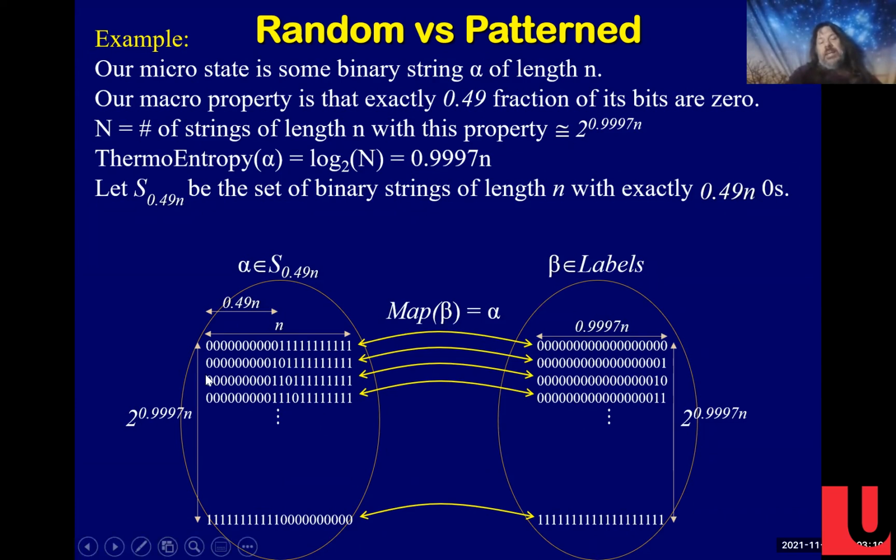So each string here has a smaller description. This string is of length n, but it has a description that's slightly shorter. These strings aren't completely random because each of them has a shorter description.